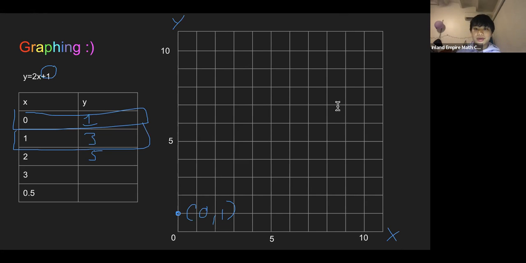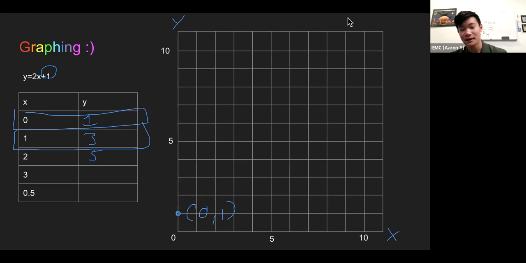So Jasper says 1, 3. There's actually an annotate button that should appear on your screen if you go up top. Basically what this does is allow you to draw on the screen. But if it doesn't work on your computer, that's totally fine. It might be on the top of your screen next to where it says you are viewing Inland Empire Math Circle's screen.